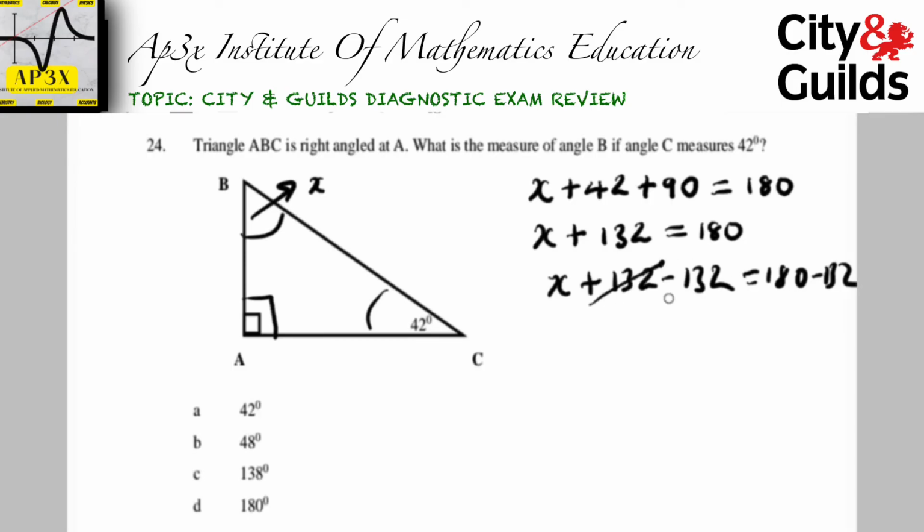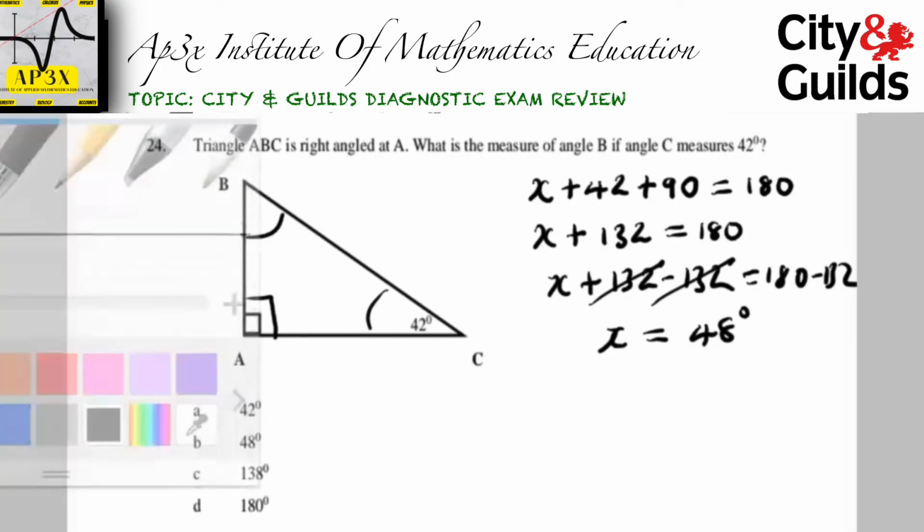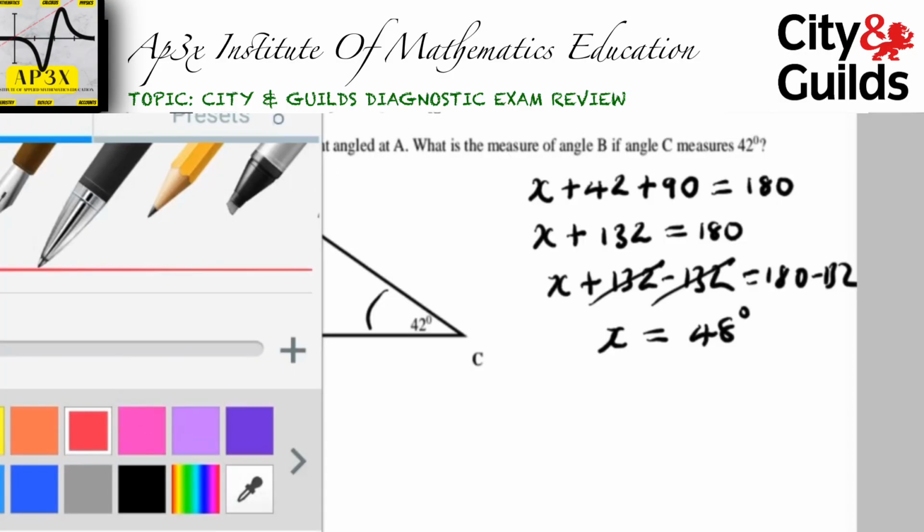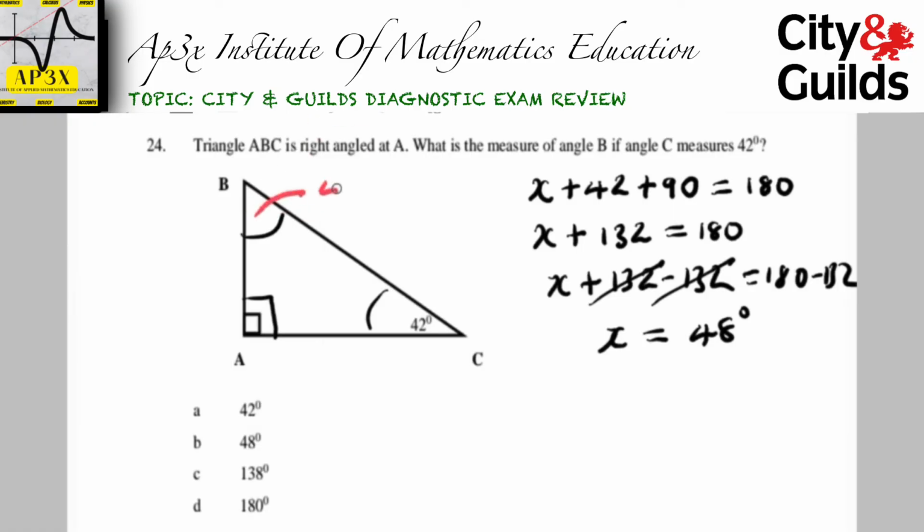So that 132 cancels 132. X is equal to 48 degrees. So this angle here would have been 48 degrees. All right, beautiful. So that's the size of that angle.